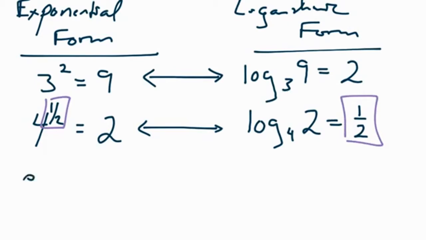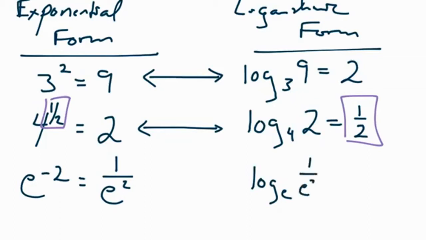How about e to the negative 2? A little fancy. I don't expect you to write that as a decimal, but we could write it as 1 over e squared. Well, can logarithms handle something of this form? Something where we have a base e? Well, sure, the log base e of 1 over e squared, now that would have to equal negative 2.